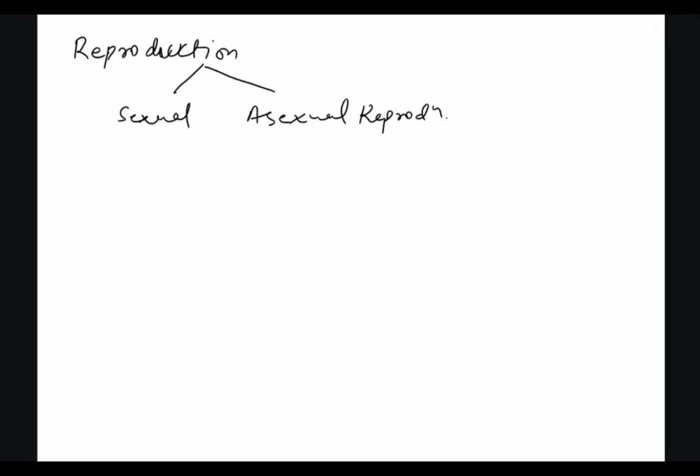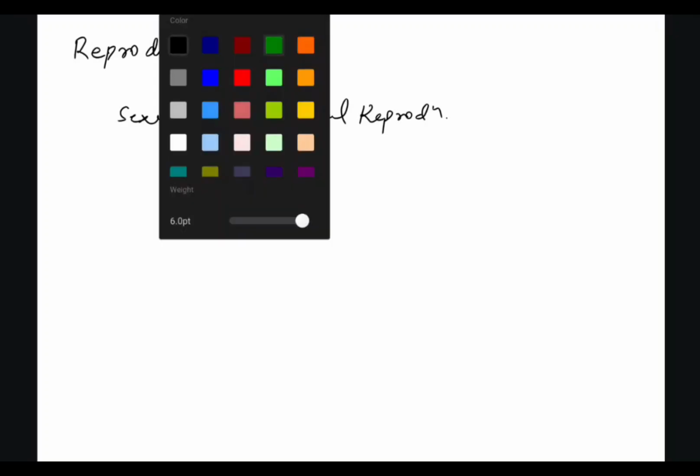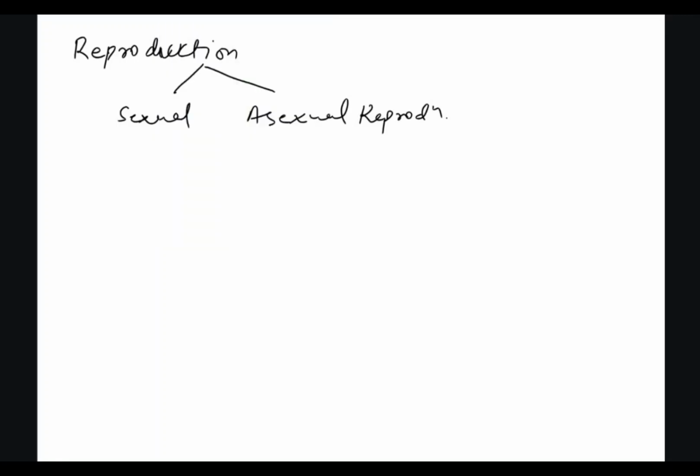There are two terms. Now, the major difference between asexual and sexual reproduction is of what? Can you think of something? It is of gametes. The major difference is of gametes, or we call them sex cells.